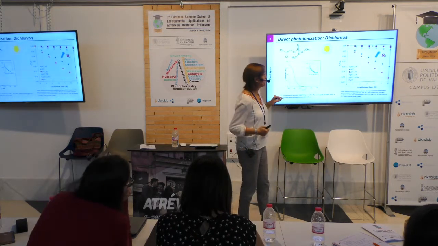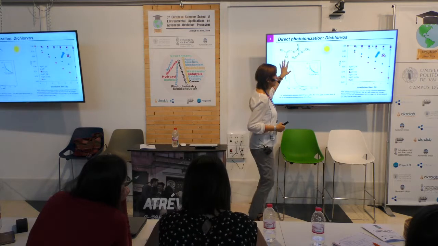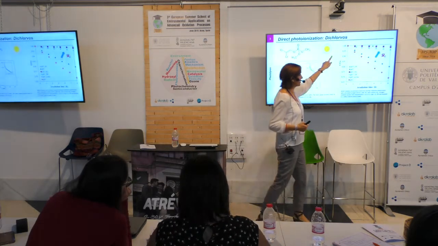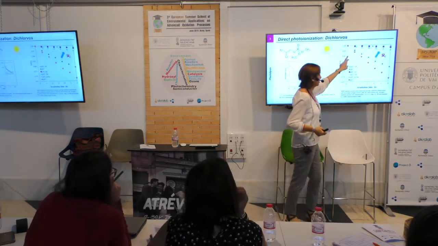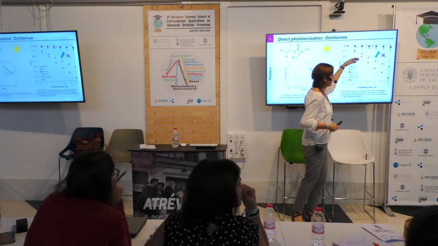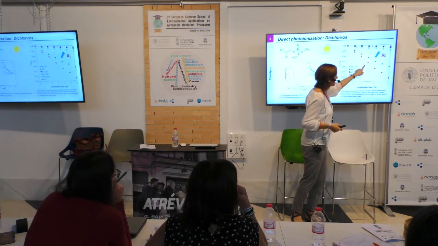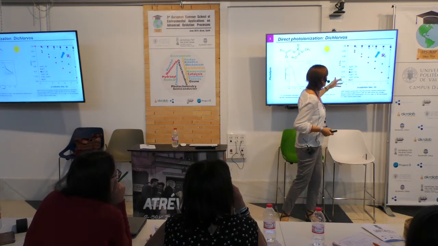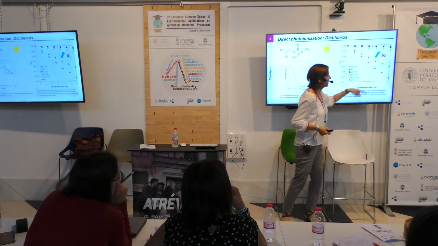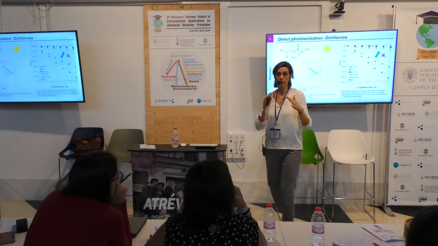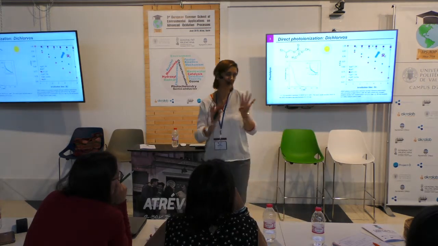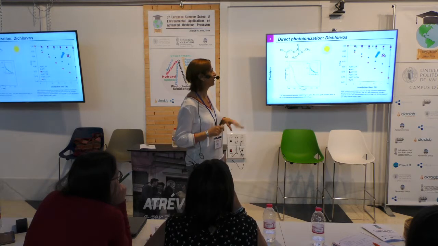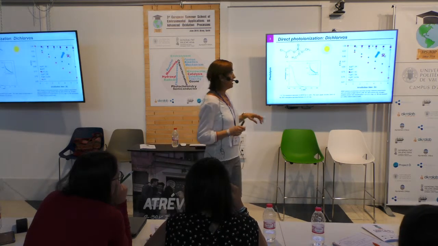So when you submit a solution of chlorpyrifos to sun radiation, you can see, again, not very effective kinetics, but you can see a degradation of about 30% of the initial pesticide in about 6 hours, apparently only because of the effect of light.